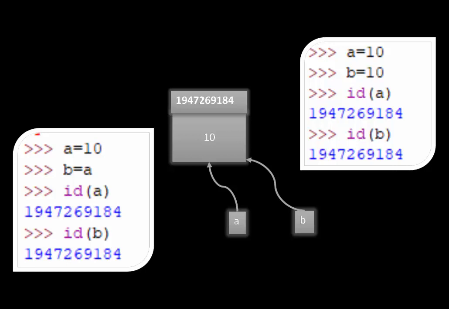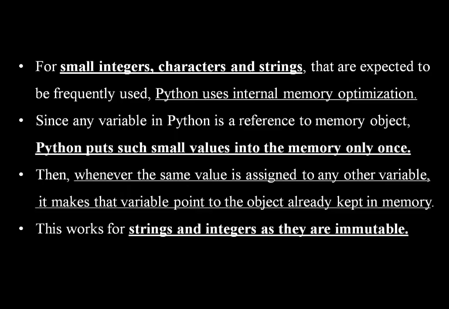Okay, but in Python, this is something you should know. You see the slide, for small integers and strings. For small integers, what Python does is, it uses an optimization technique.